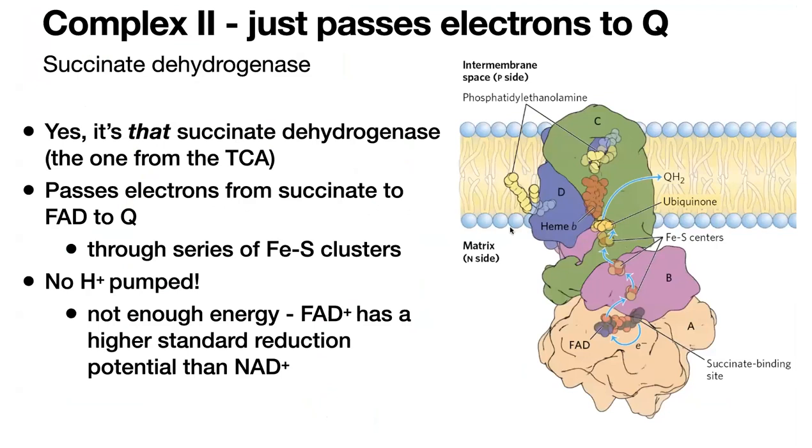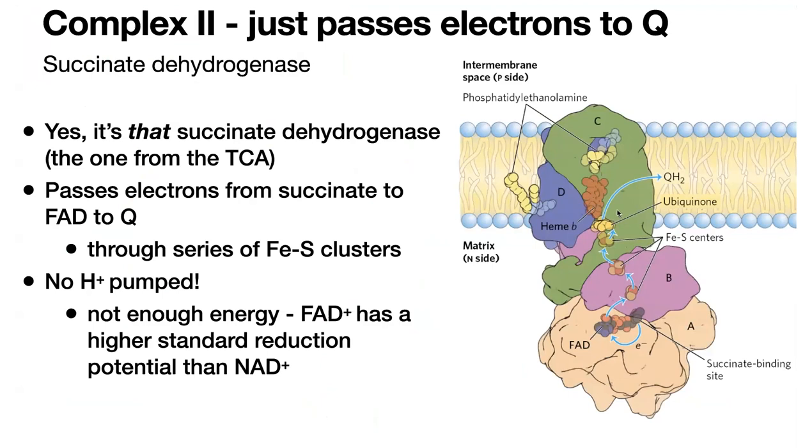So it's going to pass the electrons from succinate to FAD, then ultimately, through some iron sulfur centers to ubiquinone to give us ubiquinol. What's a little confusing is, yes, we're going to be transferring these electrons, but we're not actually going to be pumping any protons. So you might wonder, like, well, what's the point?